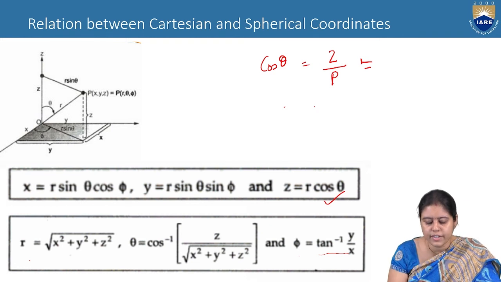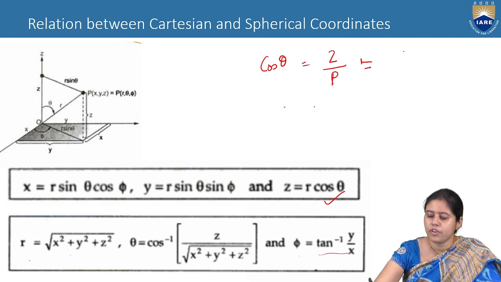Already we have calculated, the length is root of x square plus y square plus z square.